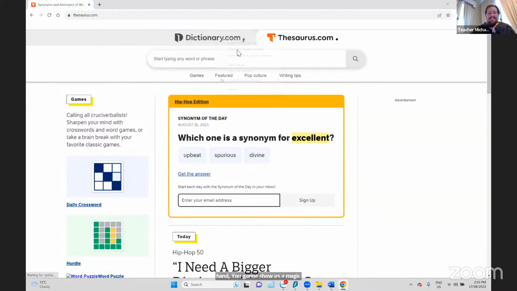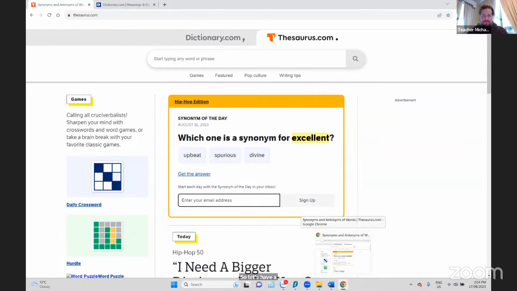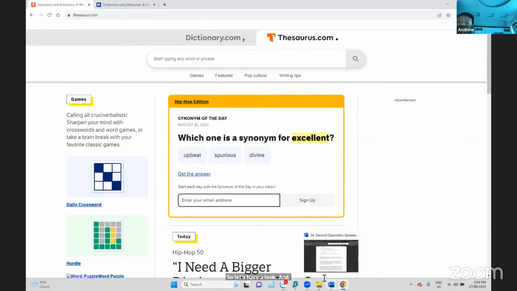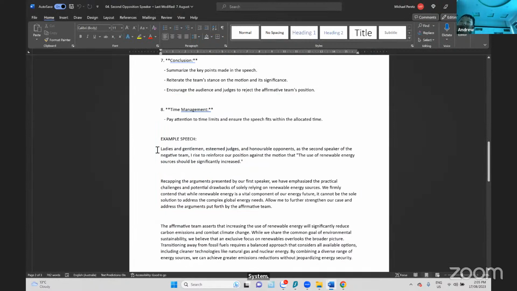What a thesaurus is, it's quite similar to a dictionary, but instead of giving you the meaning of the words, it suggests other words that you can use instead. So let's have a look at our speech here. It gave us synonyms, right?